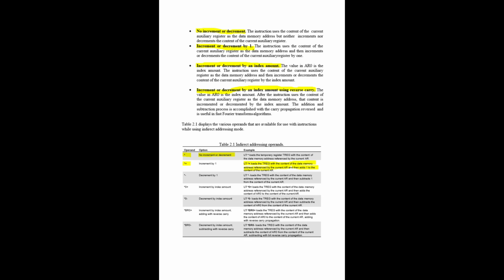Again the final content will be incremented by 1. Then if I put star minus, the third example, star minus: the current auxiliary register content will be added or something else according to the instruction, and then at last the value will be decremented by 1.